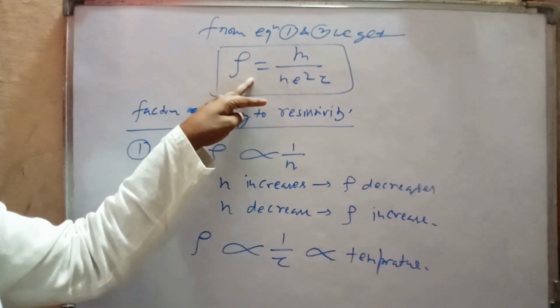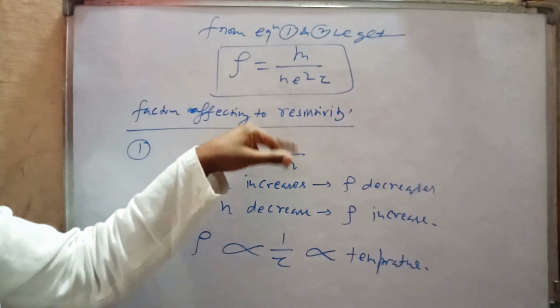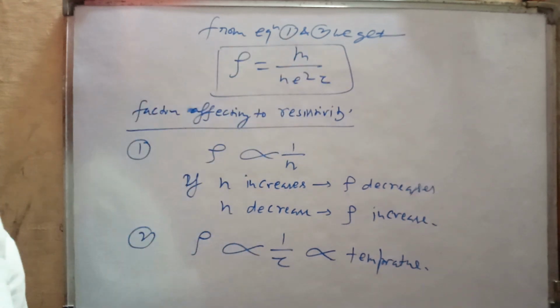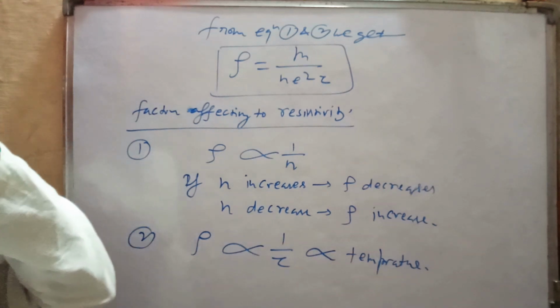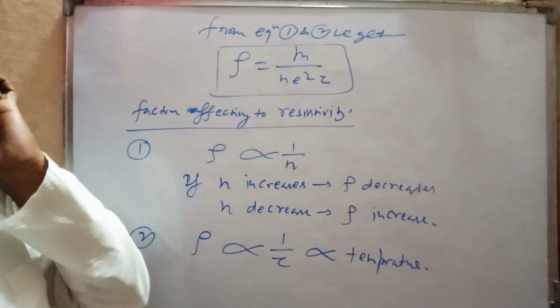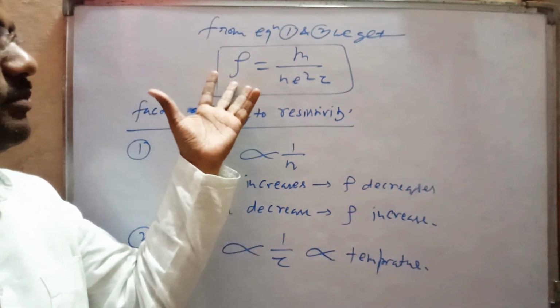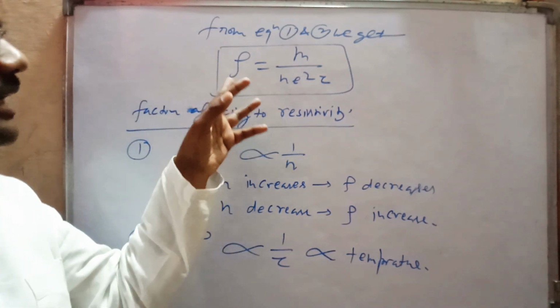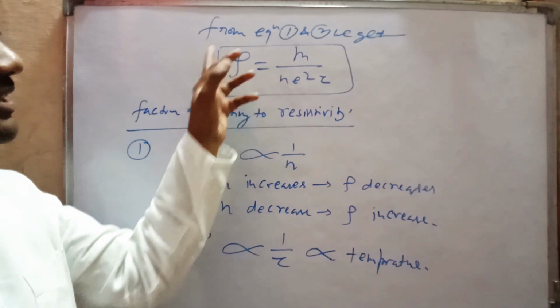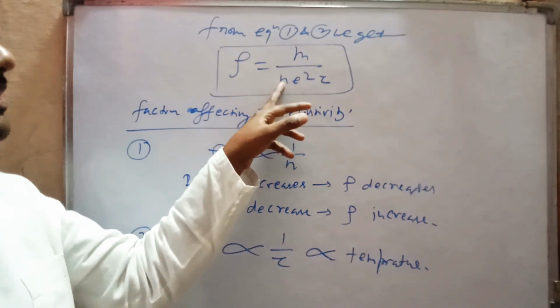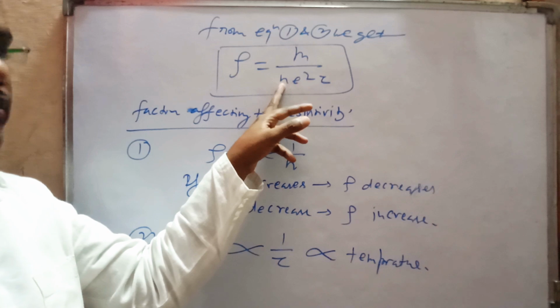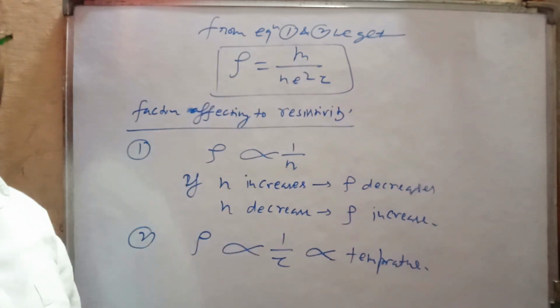And from this expression it is also clear that resistivity depends on n and tau. This question is a very important question put up in 2017. In 2017, we defined resistivity of material of conductor and derived the expression for resistivity in terms of number density of free electron and the relaxation time of free electron.